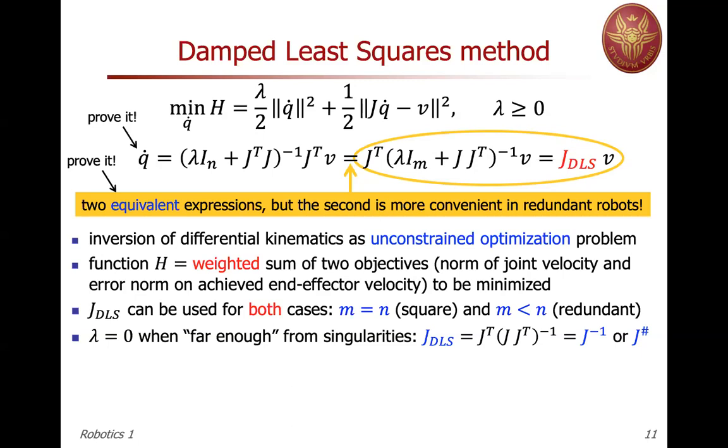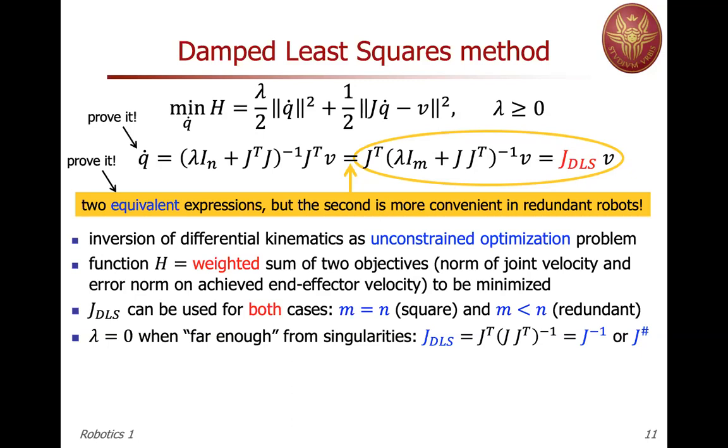If instead you have a redundant case, so the matrix J is m times n with n larger than m, so it's non-square. Nonetheless, J J transpose is an m by m square matrix. Since you're far from singularity, this will be a full rank matrix. So you can invert and then multiply by J transpose.